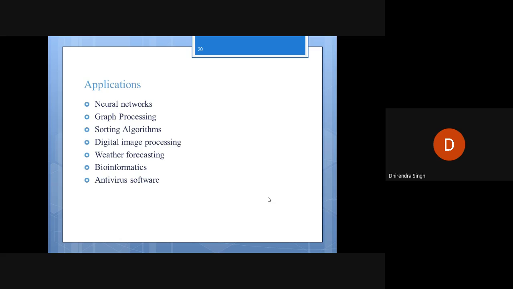Antivirus software distributes the data it accesses to different cores and processes it to find out whether a virus is present. There are many more applications as well.